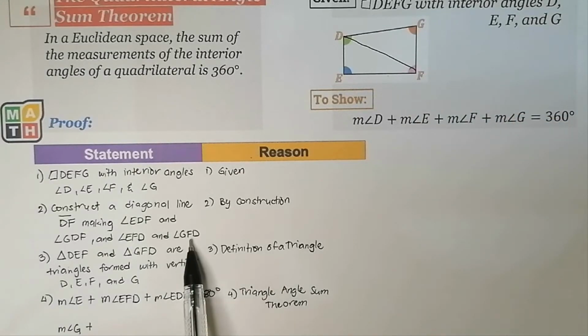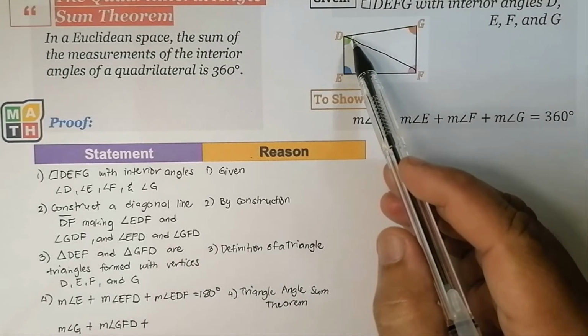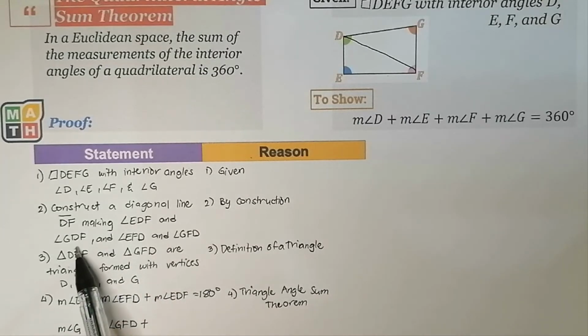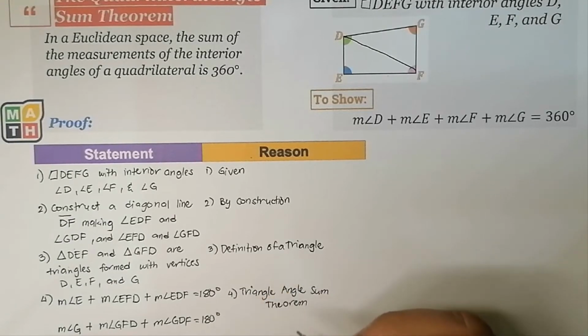Since we also use GFD here, let's also use it here. Measurement of angle GFD plus the last angle here, which is actually GDF as shared in statement number 2. The measurement of angle GDF is also 180 degrees. Same reason, triangle angle sum theorem.